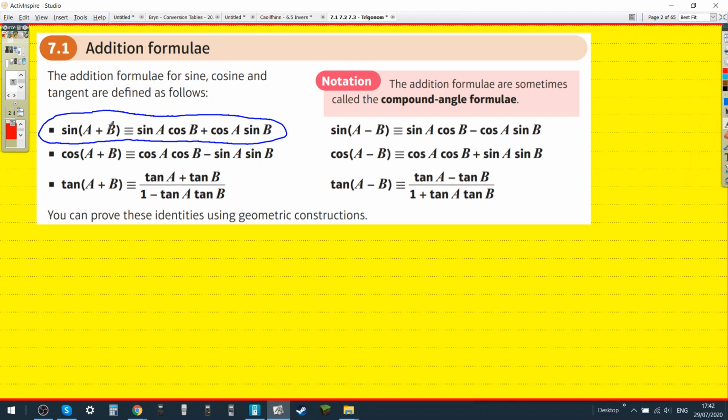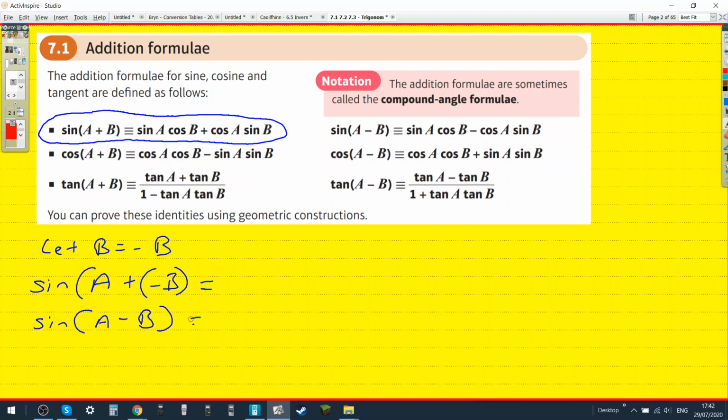Okay, into this formula, sub in minus b. So let b be equal to minus b. And so you get sine of a plus minus b, which is sine a minus b. Do the same thing on the right side.